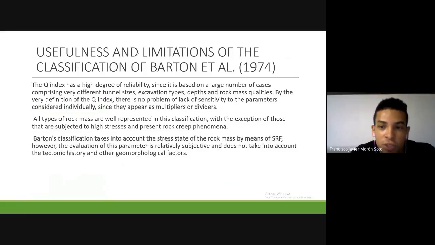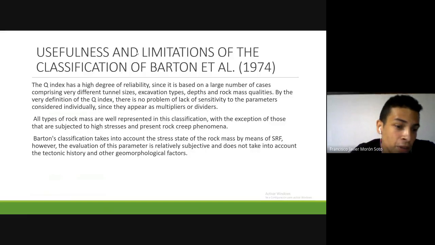Usefulness and limitations of the classification of Barton. The Q index has a high degree of reality since it is based on a large number of cases comprising very different tunnel sizes, excavation types, depths, and rock mass qualities.